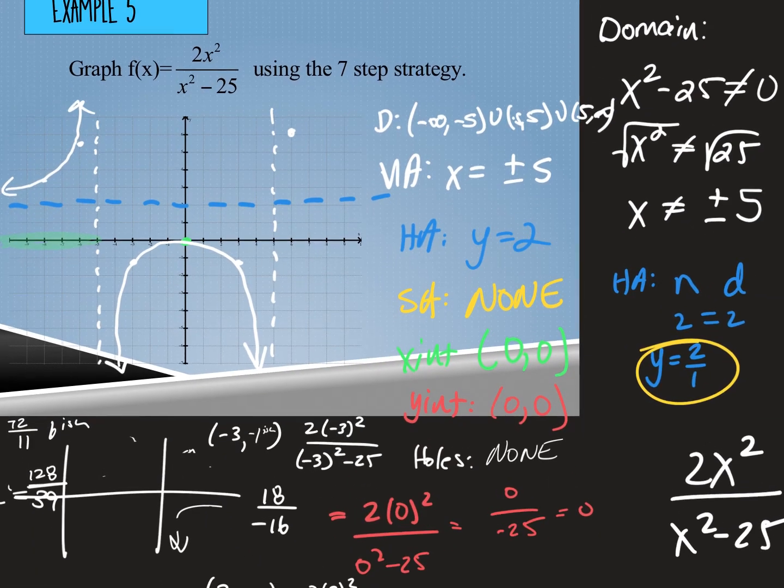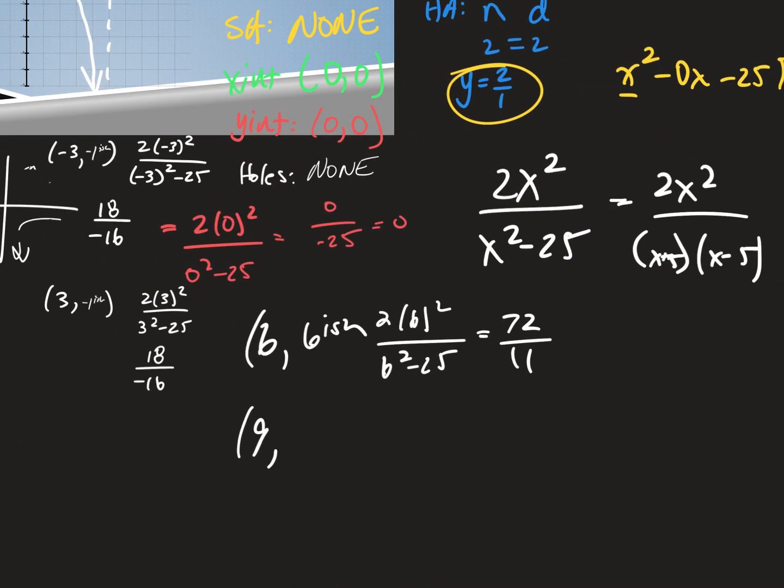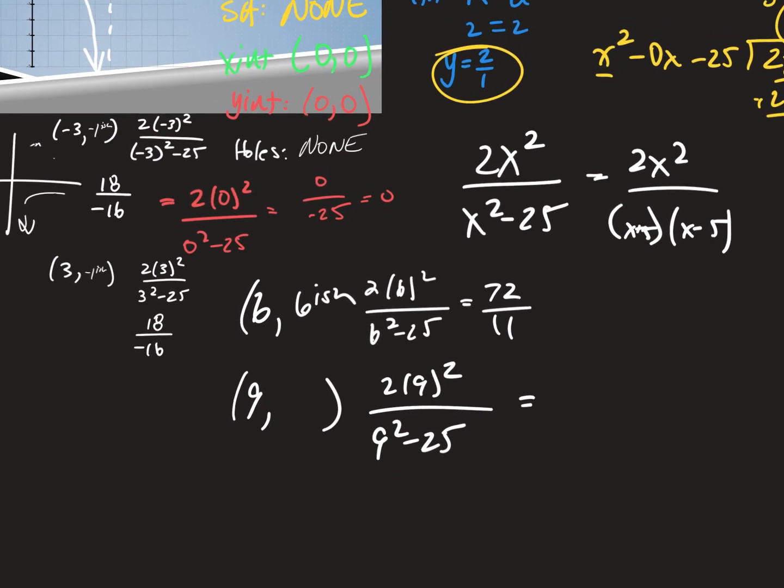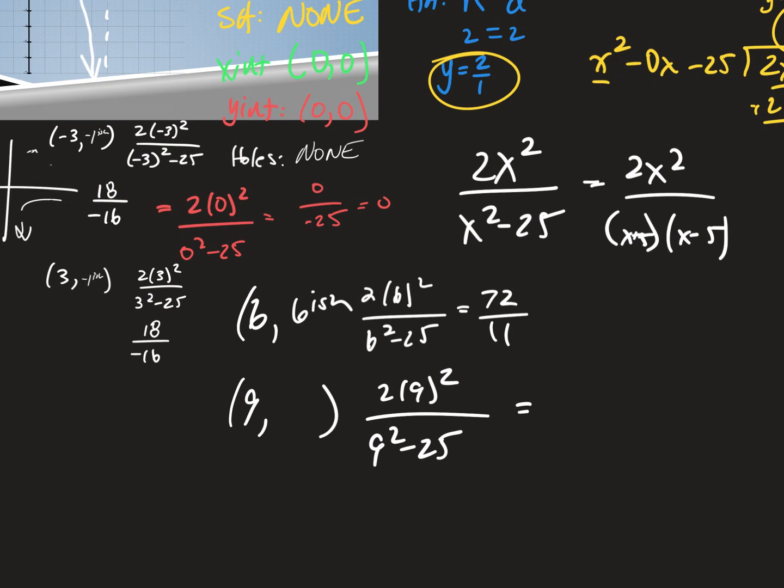Let's try 9, though, so we make sure we connect our curve pretty. 2 times 9 squared over 9 squared minus 25. Well, 9 squared is 81. And 81 times 2 is 162. Over 9 squared, which is 81, minus 25. 56.